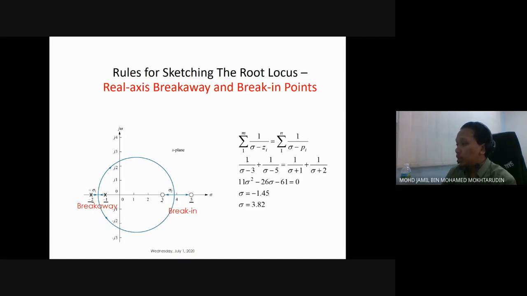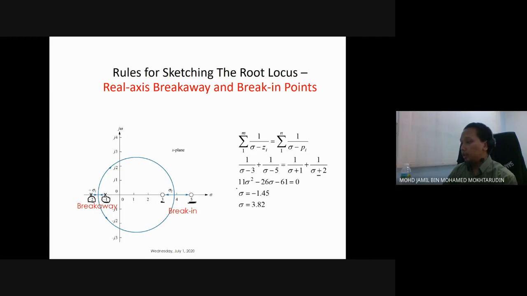The first one is 1 over sigma minus 3, the first zero, plus 1 over sigma minus 5, equals 1 over sigma minus (-1), so it becomes plus 1, plus 1 over sigma minus (-2), so it becomes plus 2. Then you rearrange and simplify.